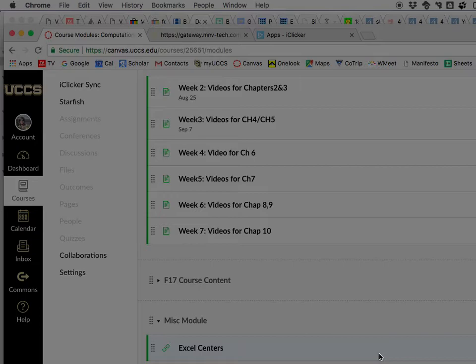Look at where it shows your schedule if you go home. It's to-do.